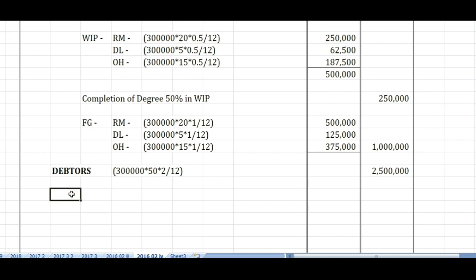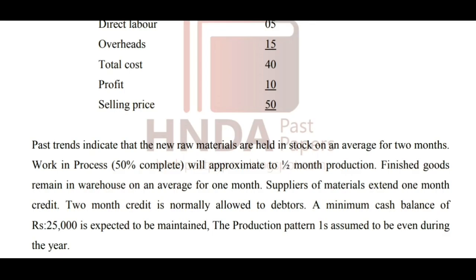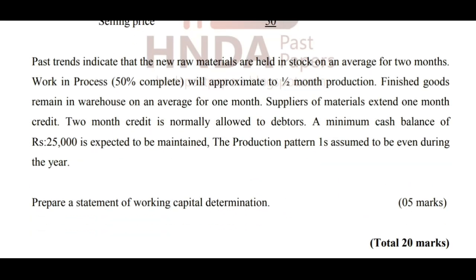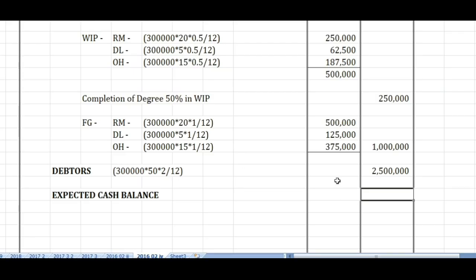Now we have to find the cash balance. Expected cash balance, in this question, a minimum cash balance of rupees 25,000 is expected to be maintained. So the expected cash balance is 25,000.